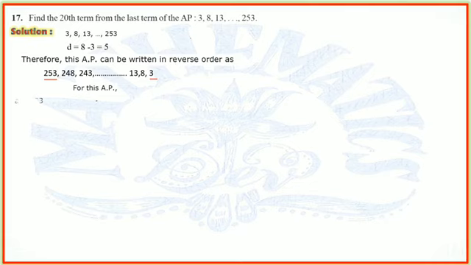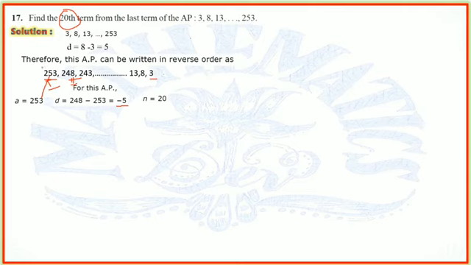For this AP, the first term is 253 and the common difference is second term minus first term, which is 248 minus 253, equal to minus 5. The number of terms, n, is the 20th term from the last. Now we have reversed the order, so we can find it from the beginning.